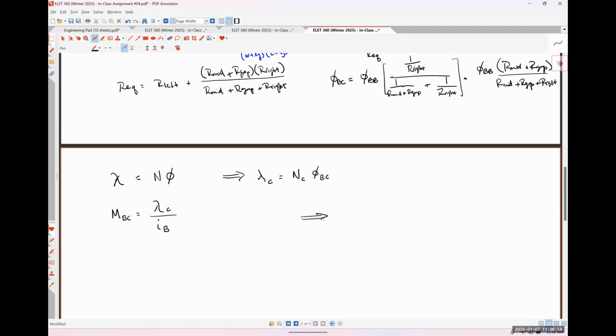So in the last problem that we worked, if I'm remembering correctly, we had something like MMFB would have been equal to NB times IB, and that would have been the same as phi B times REQ, right?